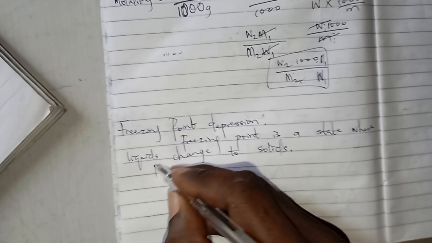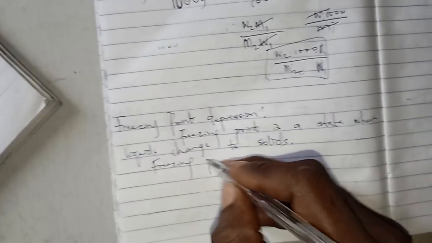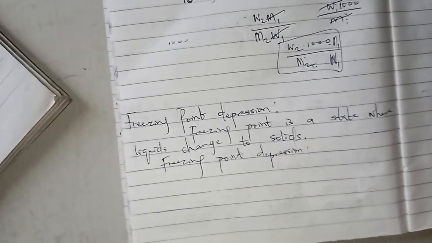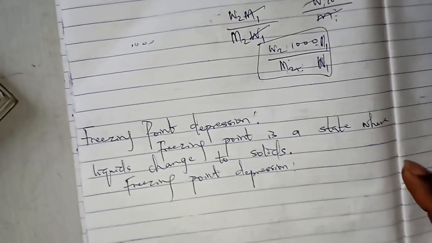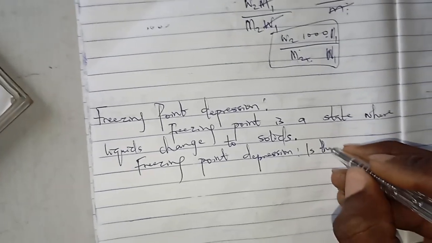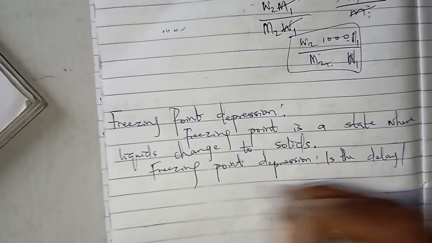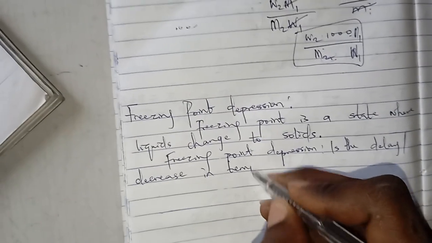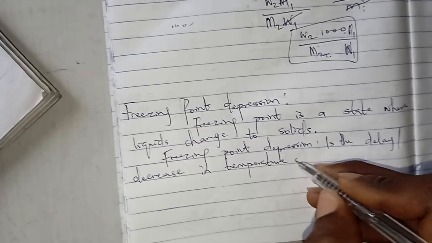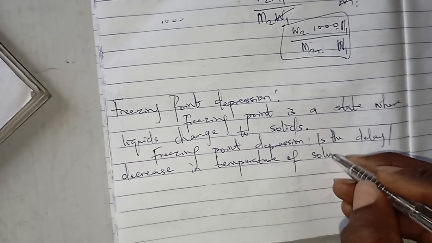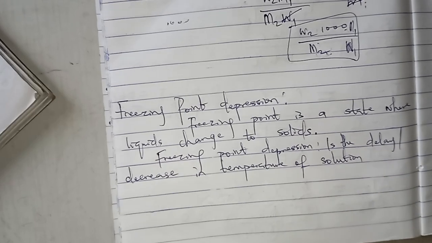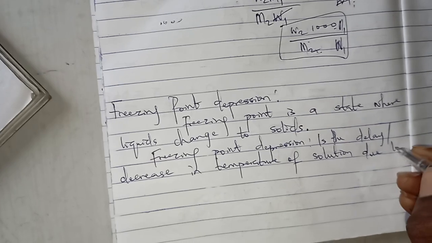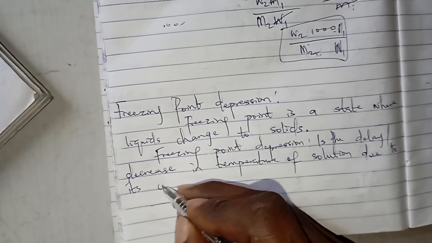So if I now talk about freezing point depression, you can say that freezing point depression is simply the delay or decrease in temperature of a solution due to its concentration.